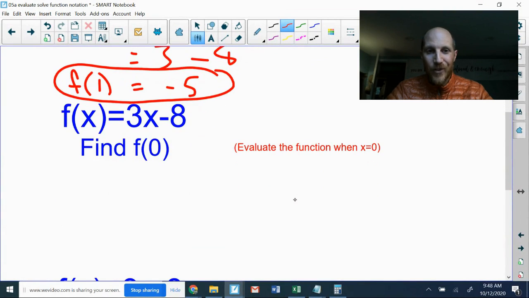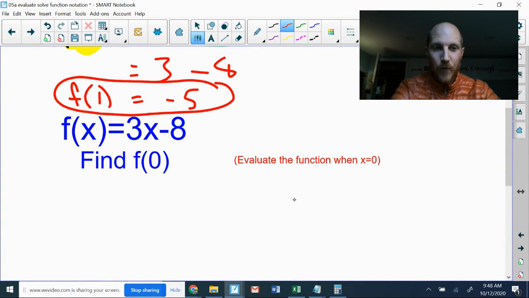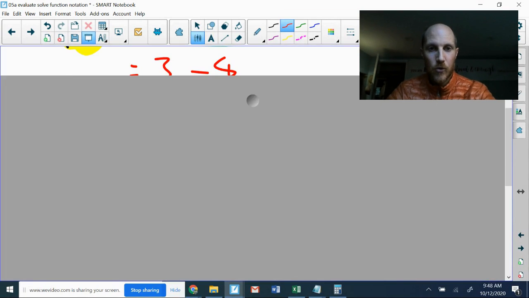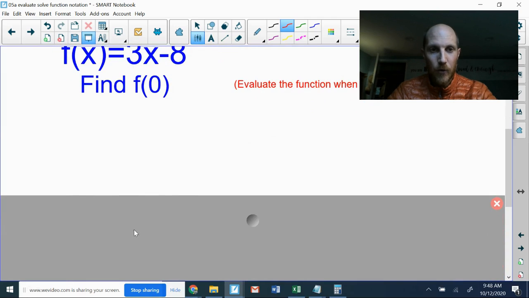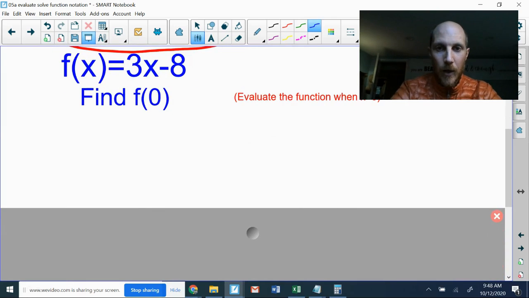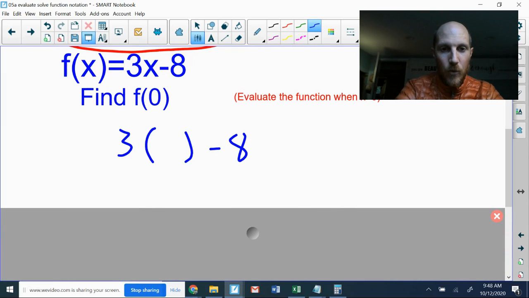What about if I put 0 in as the input, find f of 0. It's the same expression to start with, the same function. Let me get some space so that we're not confused by other stuff happening here. Okay, so I'm going to put 0 into the function.